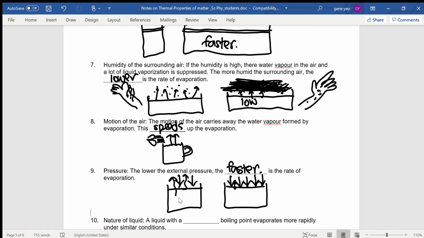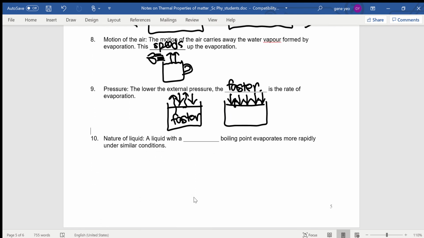So low pressure means a faster rate of evaporation. Now, nature of a liquid. I did tell you about the alcohol aerosol spray. Alcohol has a very low boiling point, so that's why it evaporates away very fast. A liquid with a low boiling point will evaporate away very fast.